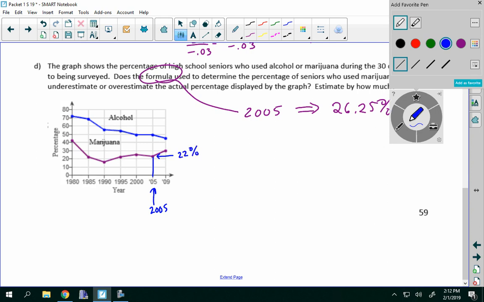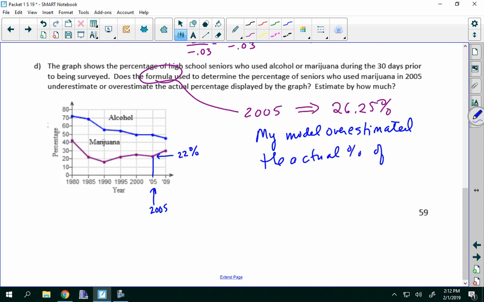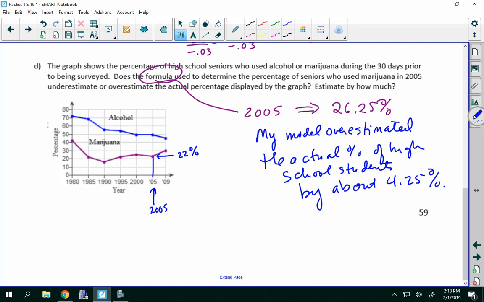So my model overestimated the actual percentage of high school students by about 4.25%. That's problem number 2.